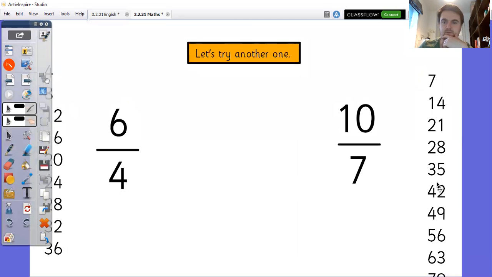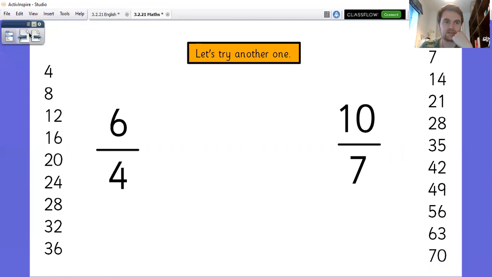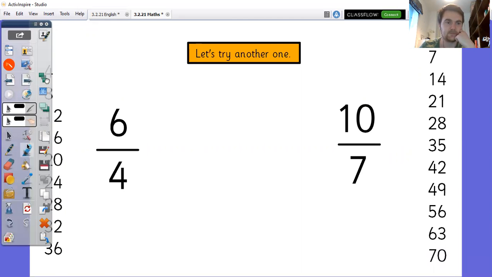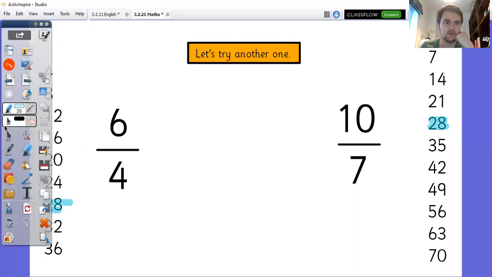Now, if I look through both lists, I'm looking for the smallest number that is in both times tables, and that number here is 28, which means that I need to turn both of these fractions into their equivalents with 28ths. So I'm going to have to do something to both fractions.